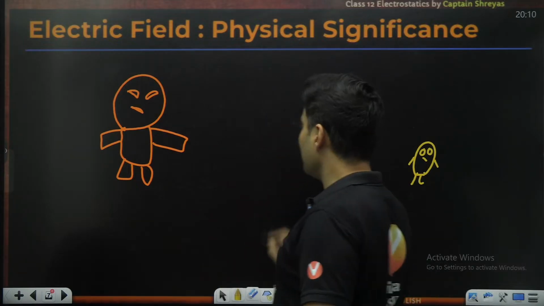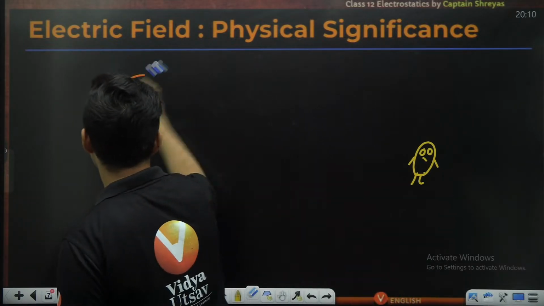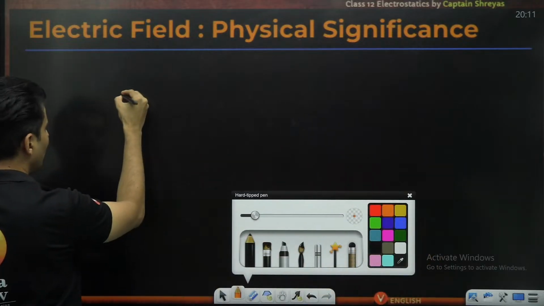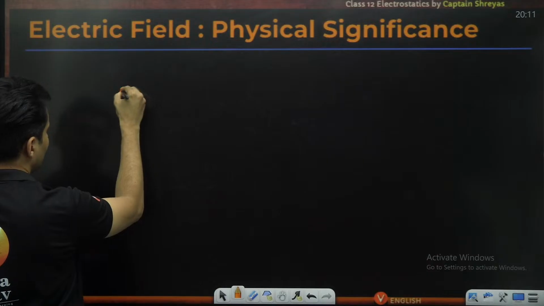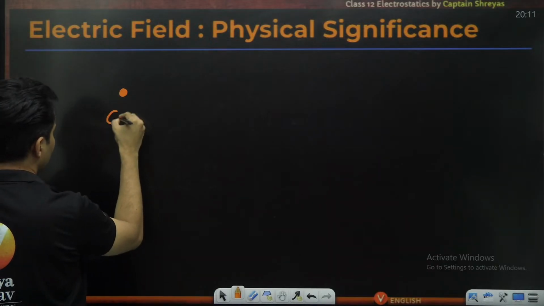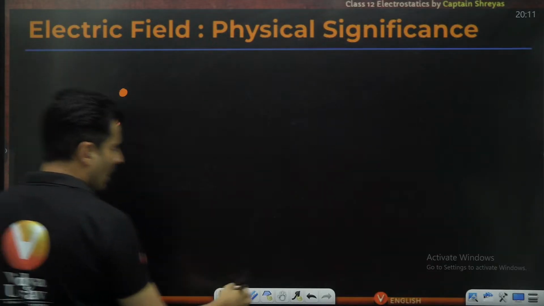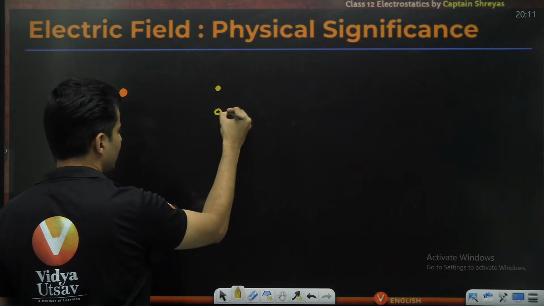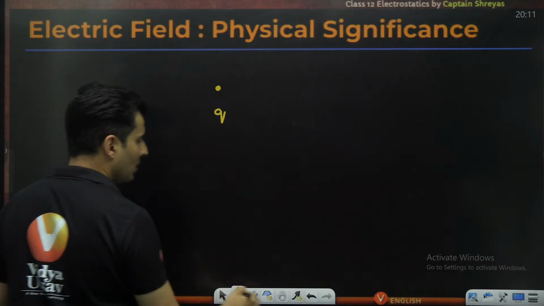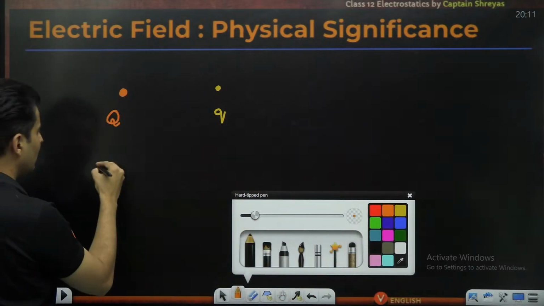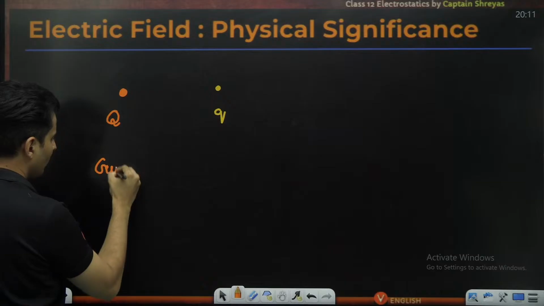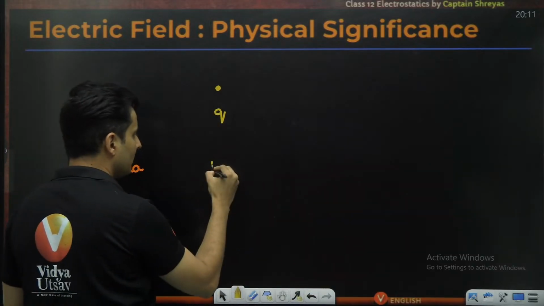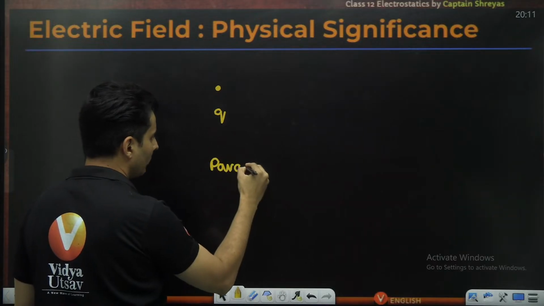Same way, things happen with electric charges. For example, imagine you had a charge, capital Q, and you actually had another charge, let's say small q over here. So this capital Q is like that Gunda fellow, and this small q is that Pavam Pandu.